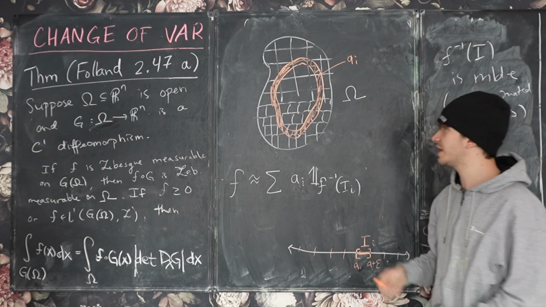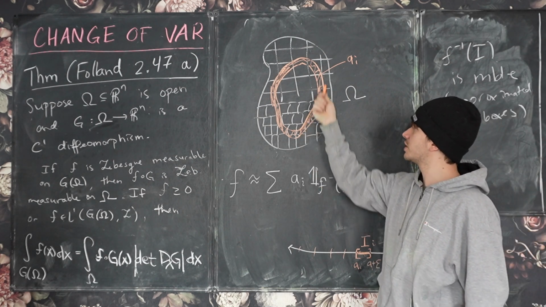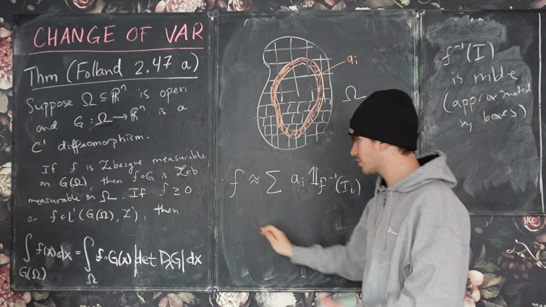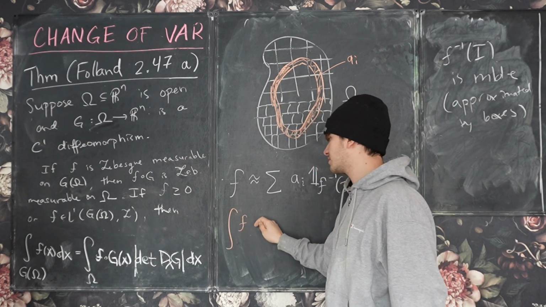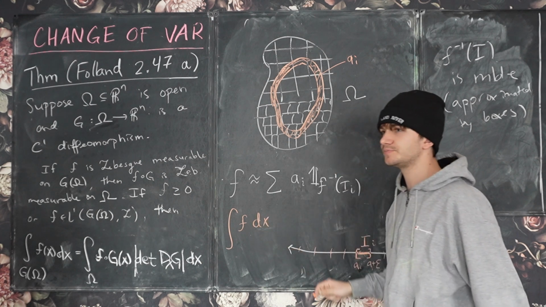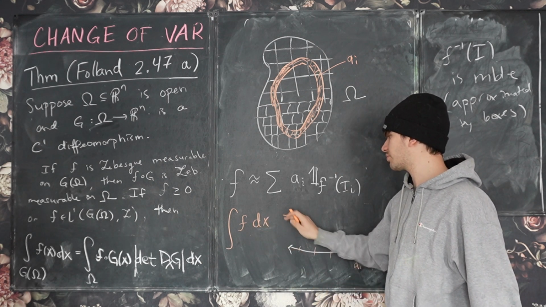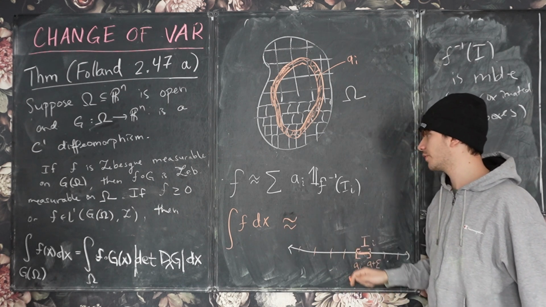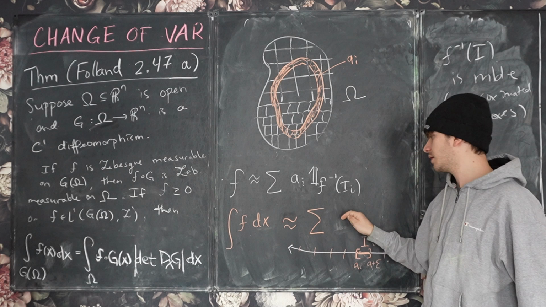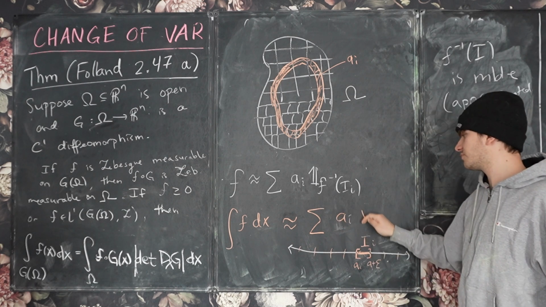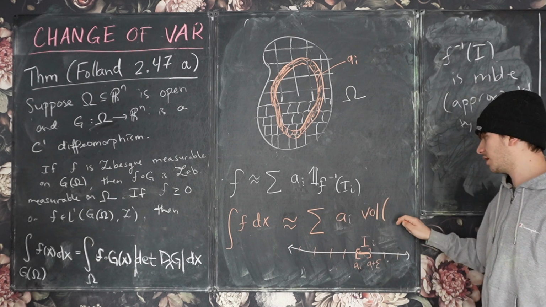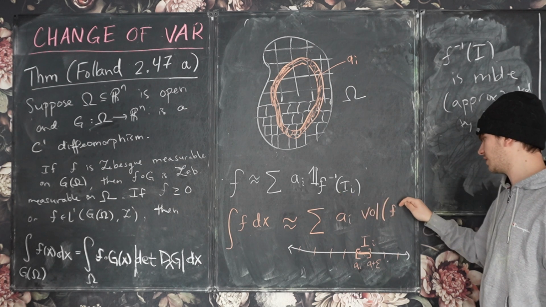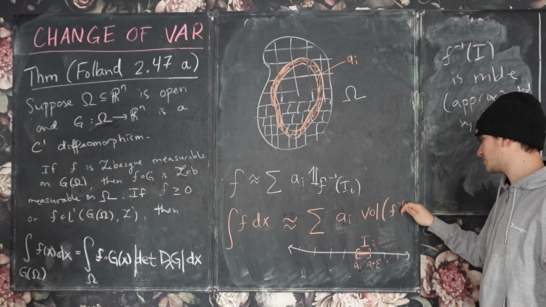And what we're going to do to integrate f is essentially look at the volume of this region. So the integral of f with respect to the Lebesgue measure is going to be approximately equal to the summation of the a_i's times the volume of these sets, f inverse of these intervals.